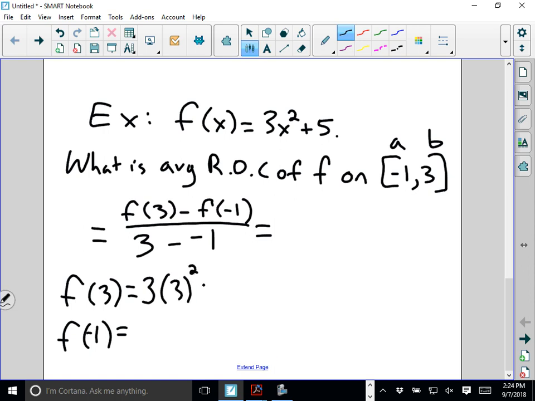Three squared is 9. 9 times 3 is 27. 27 plus 5 is 32. F of -1 here would be 3 times -1 squared plus 5. -1 squared, remember our PEMDAS, is 1. 1 times 3 is 3. 3 plus 5 is 8.